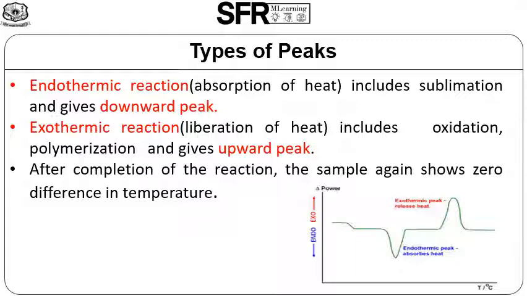The second one, that is the exothermic peak, is also called the upward peak. This is due to some chemical reactions like oxidation, polymerization, etc. After completion of the reaction, again the sample gains or loses temperature so that they maintain zero temperature difference between the sample and the reference.